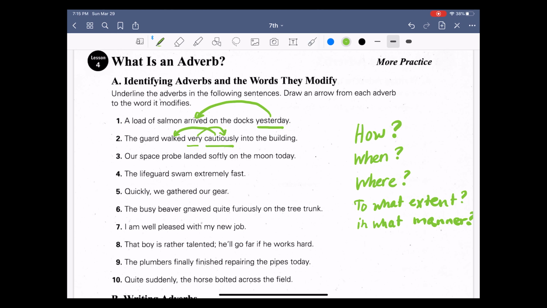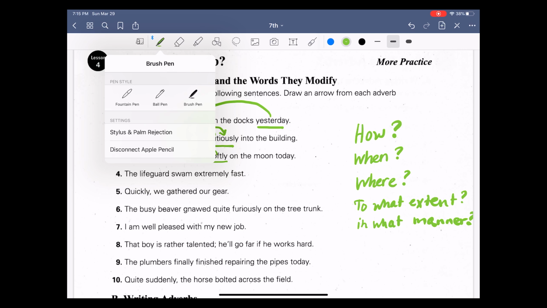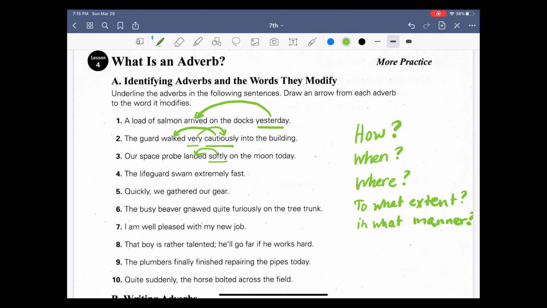Number 3, our space probe landed softly on the moon today. So what's happening in our sentence? Space probe landed. And how did it land? It landed softly. It's telling us about how it landed. And I'm going to get rid of some of those other lines since we're not supposed to be using those. And then, when did it land?